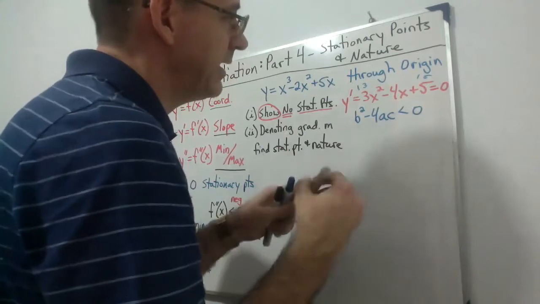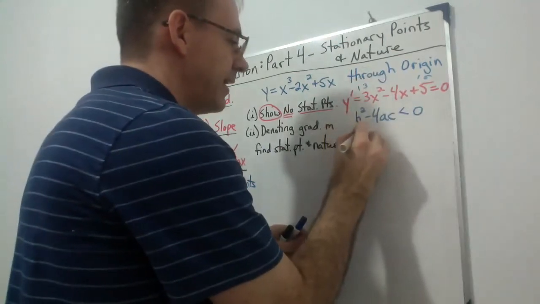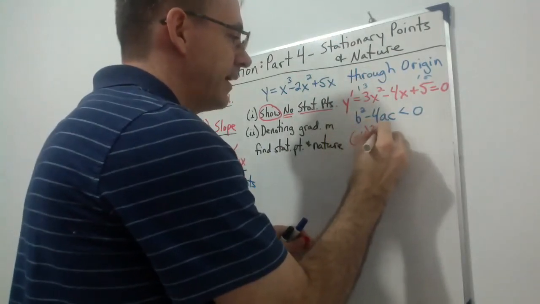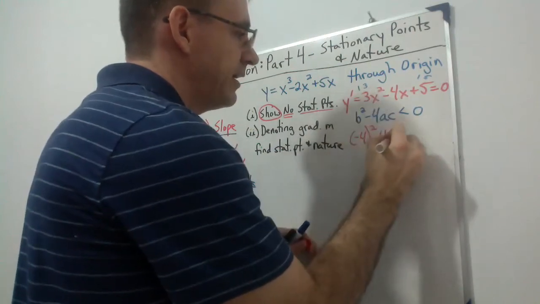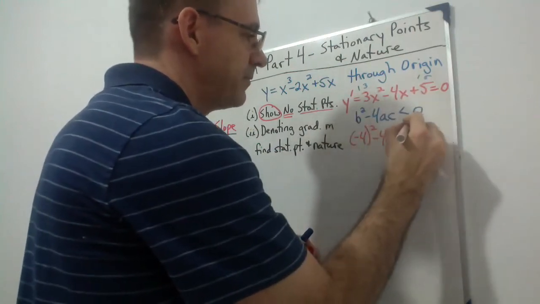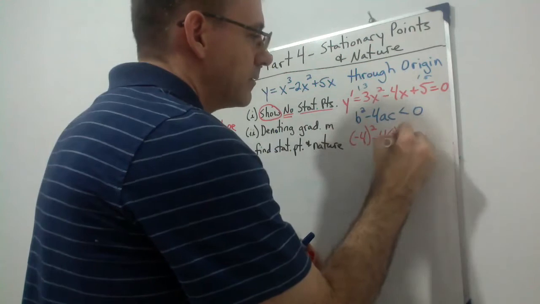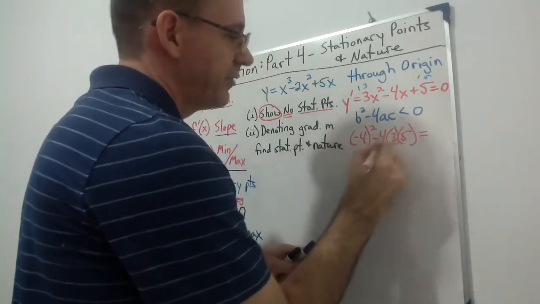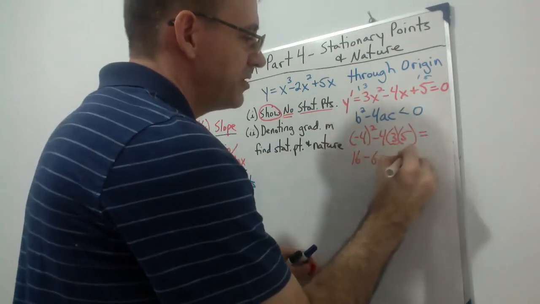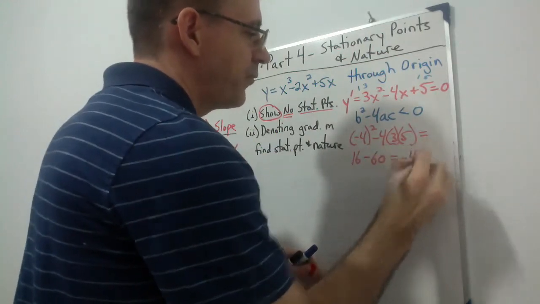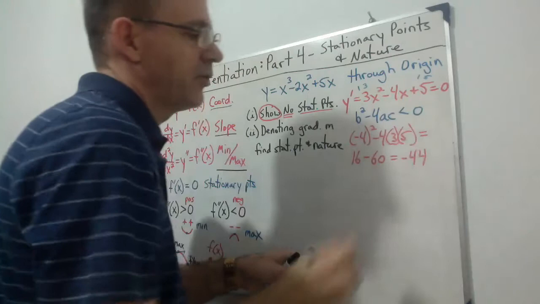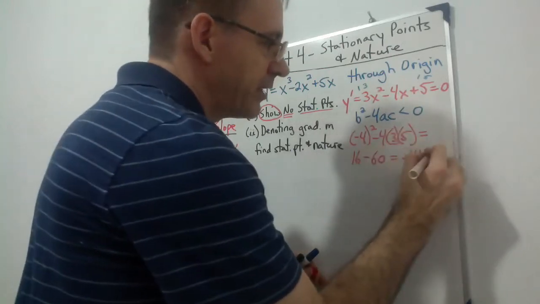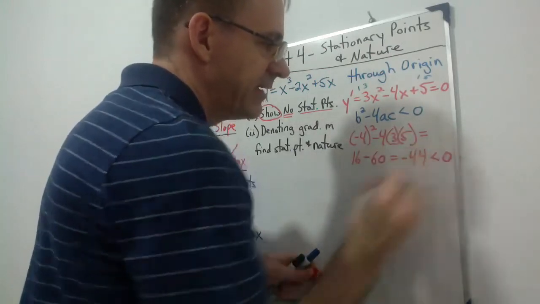So we plug in our b squared, a negative 4 squared minus 4 times 3 times 5, which equals 16 minus 12 times 5, 60, which is a negative 44. So we show that this negative 44 is less than 0.